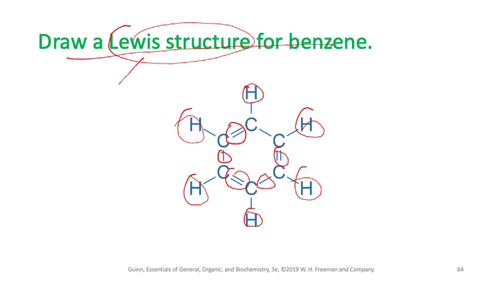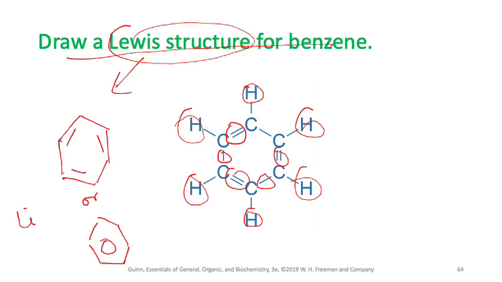If the problem had asked you to draw the line angle formula, you can draw it something like this, or something like this. This is your line angle, skeleton line structure you can say, and this is your Lewis structure.